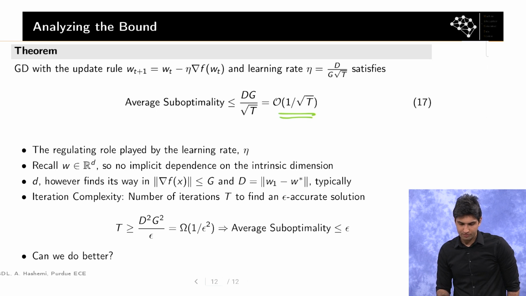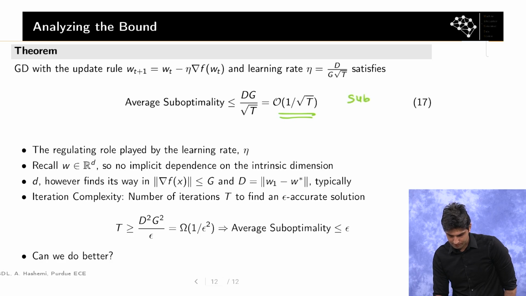In this case, we use what we call the O notation, which just hides the constant and mainly focuses on the total number of iterations. So the rate at which the error goes to 0 is 1 over square root of t, and we call this a sublinear rate, as we discussed in our basics of optimization lecture.